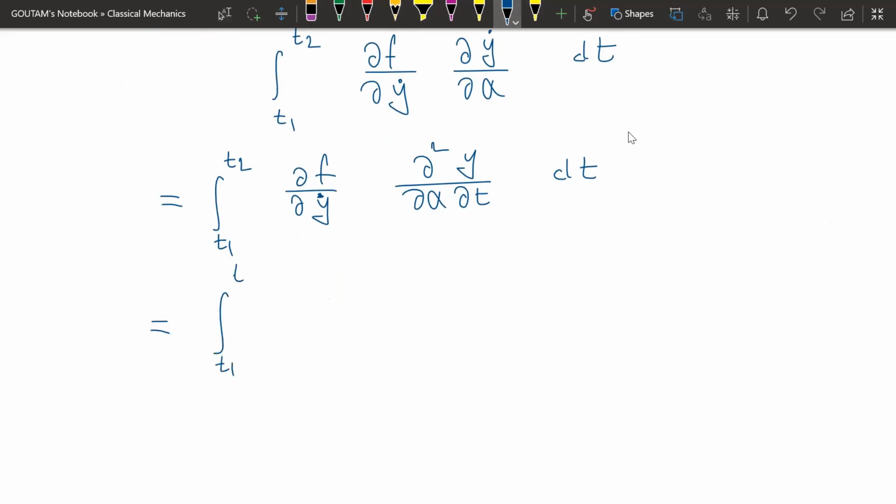From T1 to T2, ∂f/∂ẏ, ∂t of, so the partial derivative we can interchange with dt.